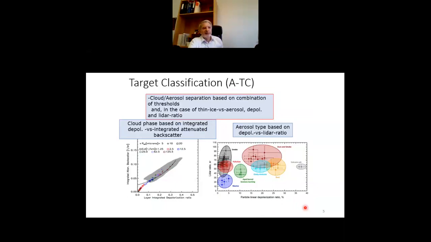Again, just to remind you, the target classification procedure uses, for the aerosols, mainly the correlation between the scattering ratio and depolarization ratio to determine the type.